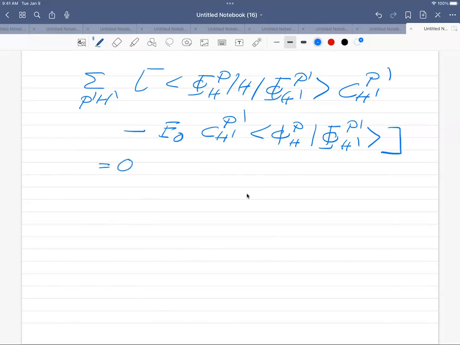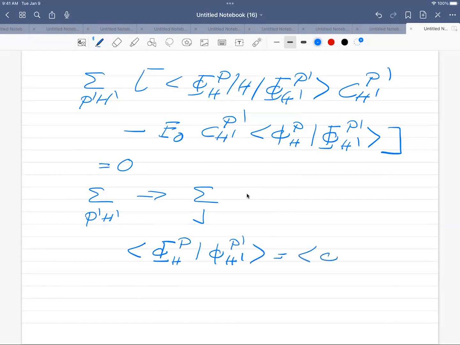Now, what I'm going to do now is just to make things a little bit more compact. I'm going to change this summation over P' and H' into just one index, a summation over J. So J stands now for a particle hole excitation of the one particle one hole type, two particle two hole, etc. I'm also going to rewrite some of these terms, like this overlap of phi i with phi j, which is given by an overlap integral.